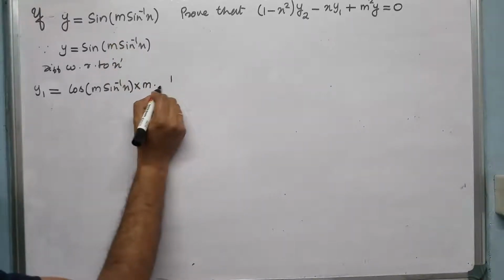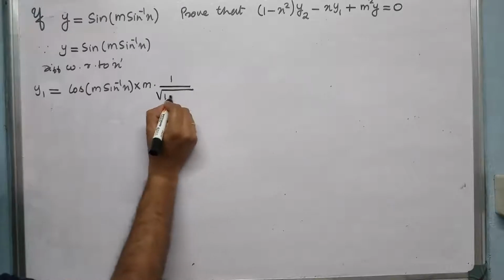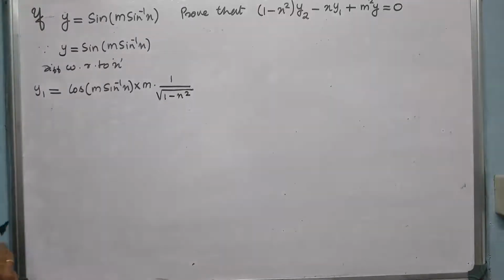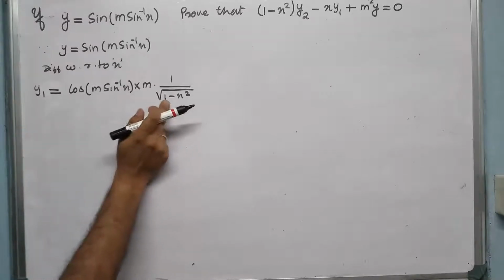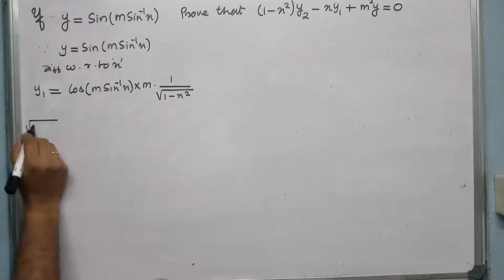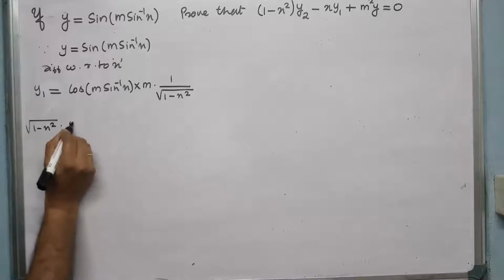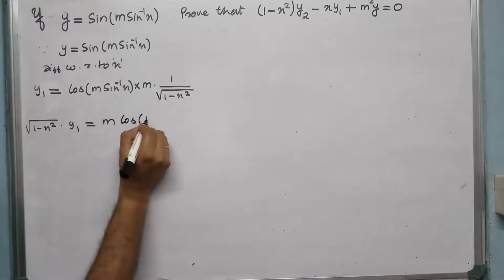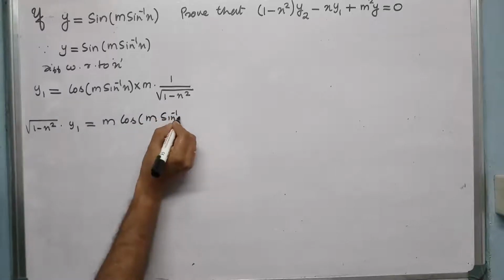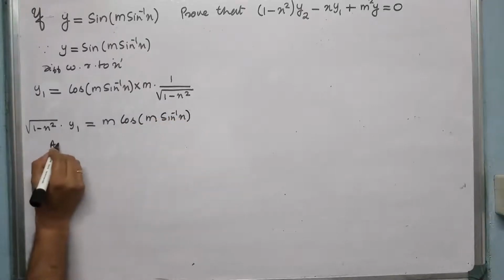The derivative of sine inverse x is 1 by under root 1 minus x square. Now it is in numerator over denominator form. Last video only we did these things. Now cross multiply, then we'll get (1 minus x square) y1 equals m cos m sine inverse x.